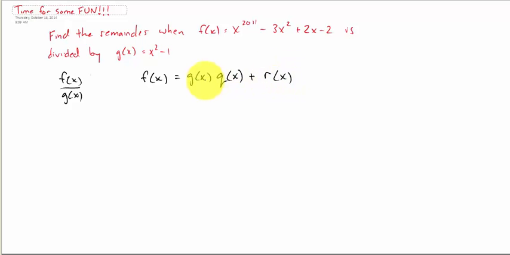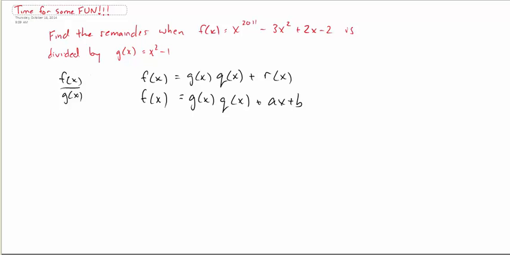And in this case, since we're dividing by a quadratic, it is okay to say that this remainder has to be a linear function. Now, is it possible that the remainder could be a constant? Sure, that would just be if this a value was 0. But in general, when we divide by a quadratic, the remainder is going to be linear in nature.